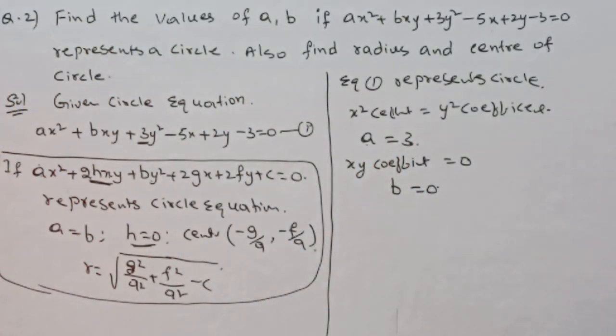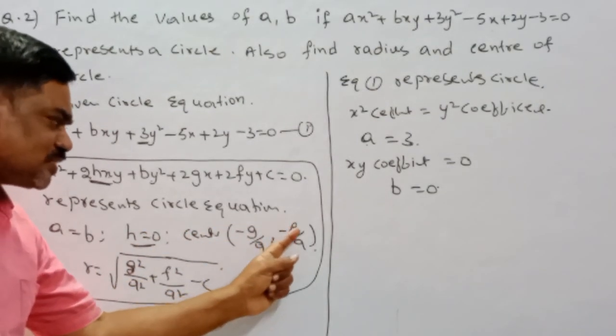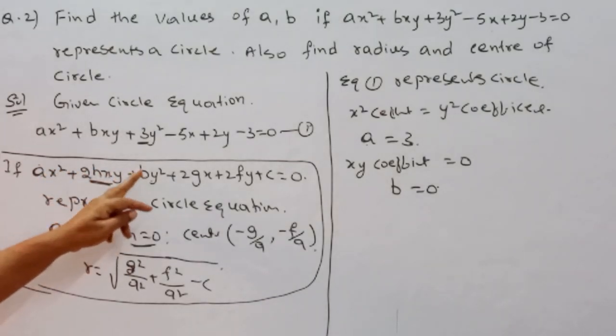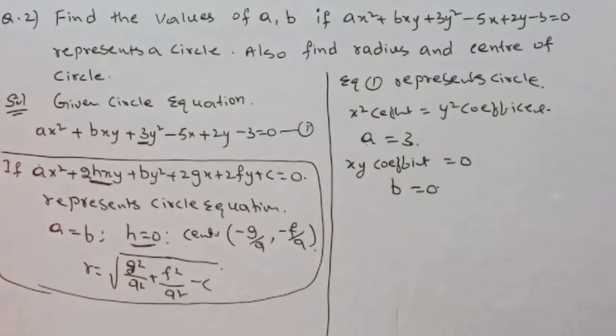And one more, what is the center? Minus g by a comma minus f by a. Okay, why? Because a is equal to b. That's why you take minus g by a comma minus f by a.